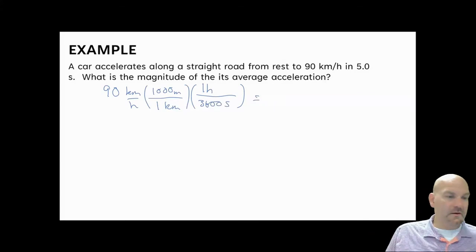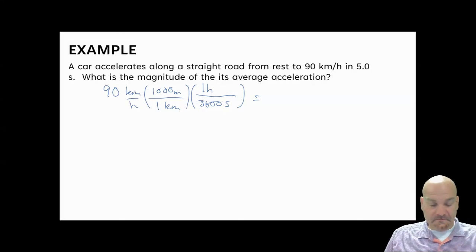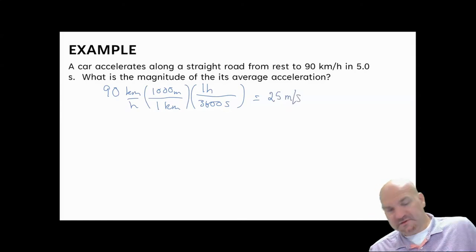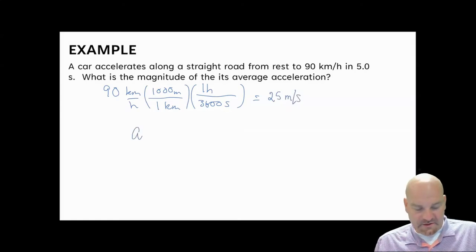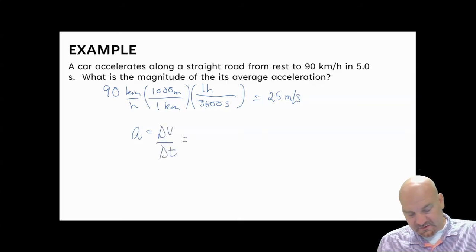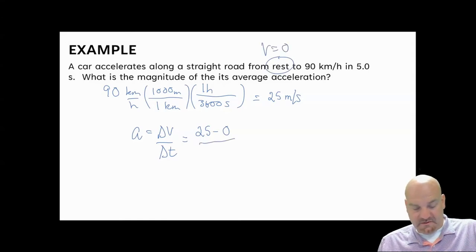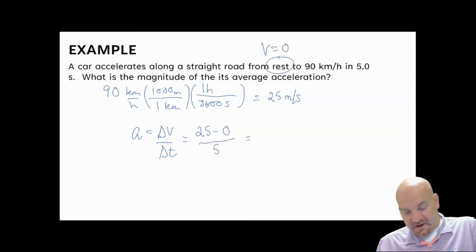So it's going to be 90 times 1,000 divided by 3,600, which is 25 meters per second. Now I can do my average acceleration equation, delta v over delta t. It's going to be 25 minus 0, because remember, rest means the velocity is equal to 0, over 5.